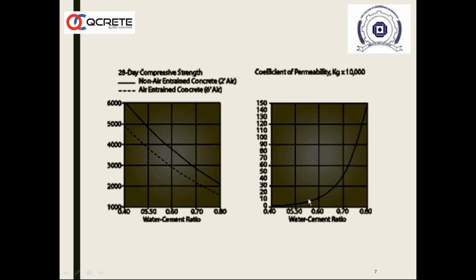You are also decreasing the impermeability of concrete, increasing its permeability. Once the permeability increases, gases like carbon dioxide, oxygen and water enter the body of concrete and the durability of concrete reduces.